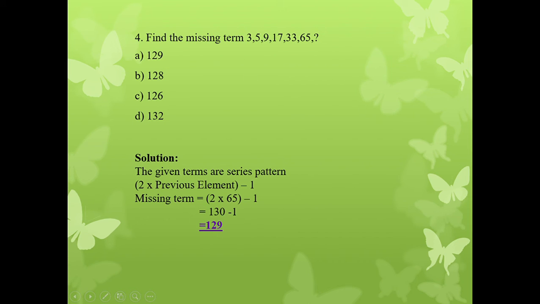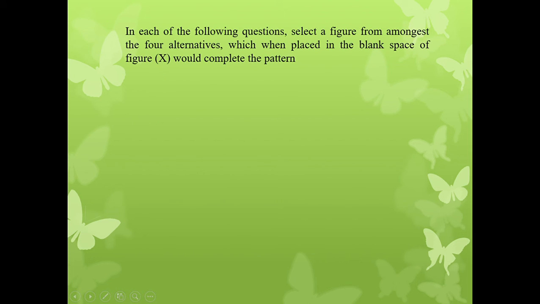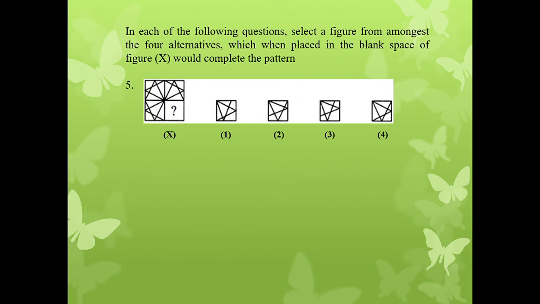Similarly, we have some problems on pattern completion. In each of the following questions, select a figure from amongst the four alternatives which when placed in the blank space of figure X would complete the pattern. So this is the given pattern.